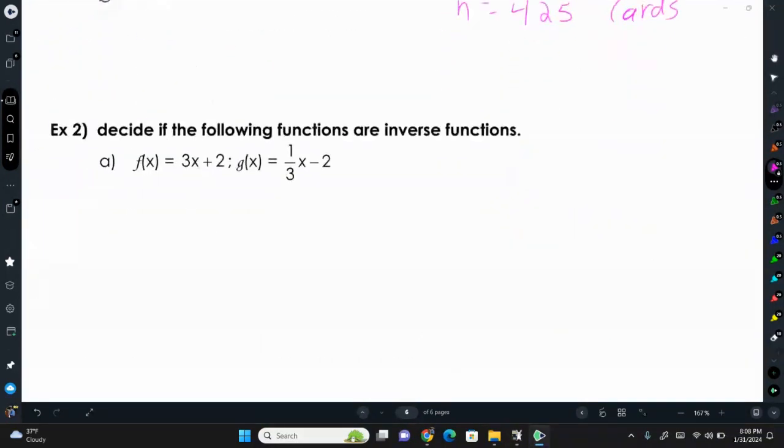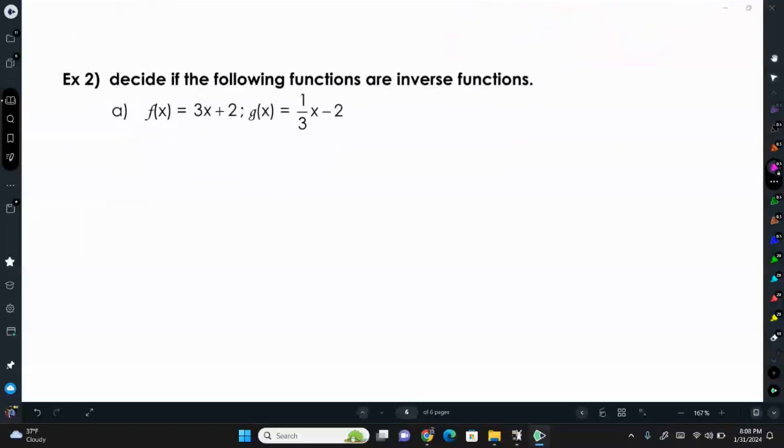Right, now the last thing we're going to do is talk about how we can tell if two functions are inverses of each other. There are two ways to do it. What I think is a more complicated way is to do the composition. Remember, the composition is when you take one function and plug it into the other.